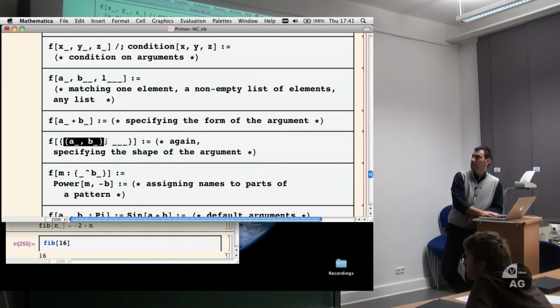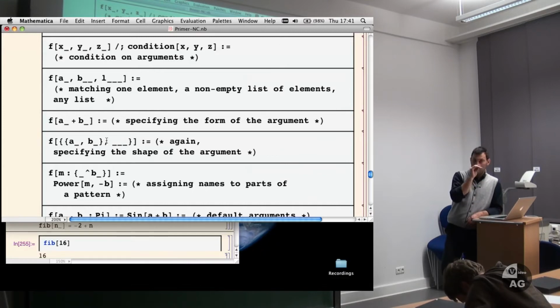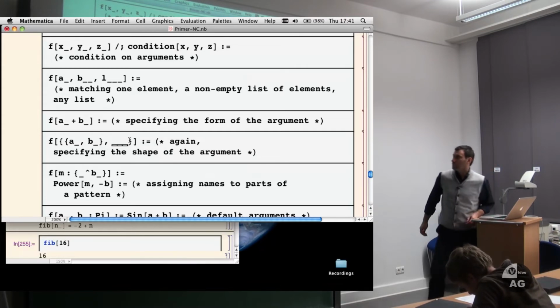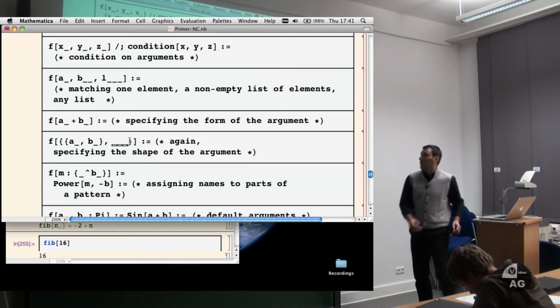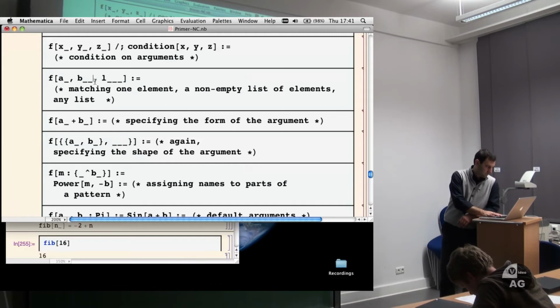Question. Yeah. For this A underscore B underscore underscore, what takes precedence? This B, is this multiple elements greedy or is it not greedy? So if I pass 4 arguments, what would happen in the 2 examples before? Ah, A, B, L, this one? Yeah, is it greedy or is it not greedy?